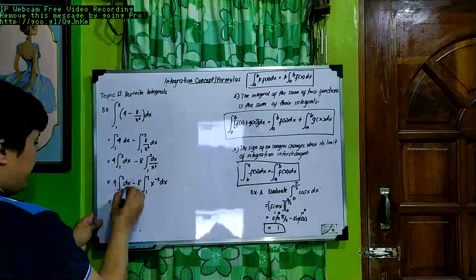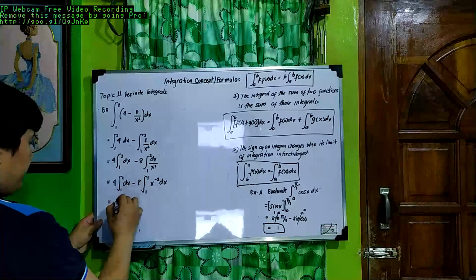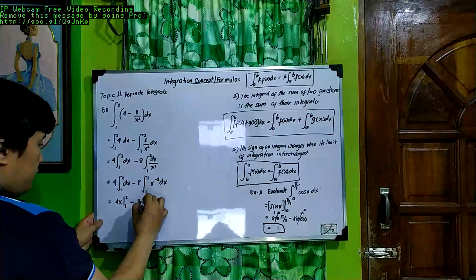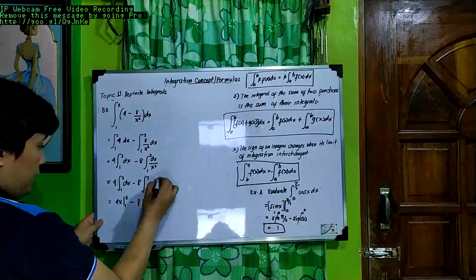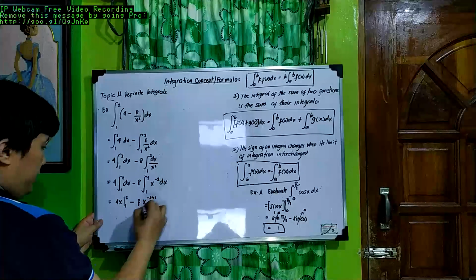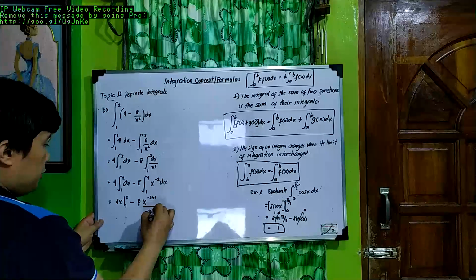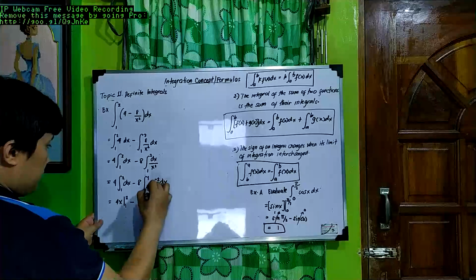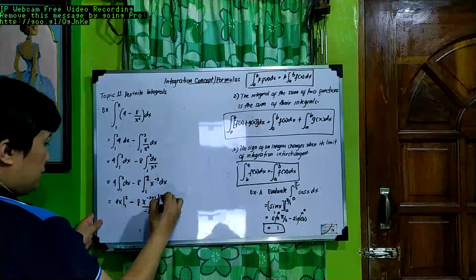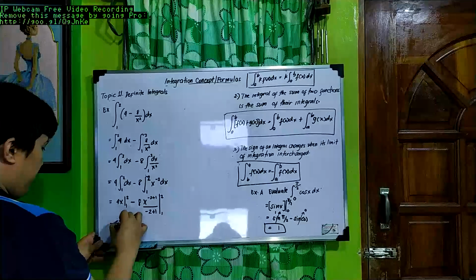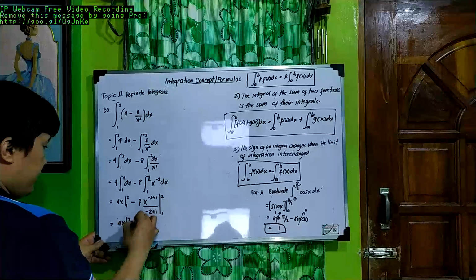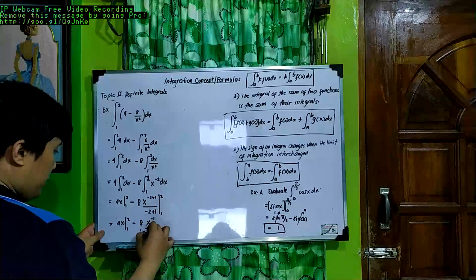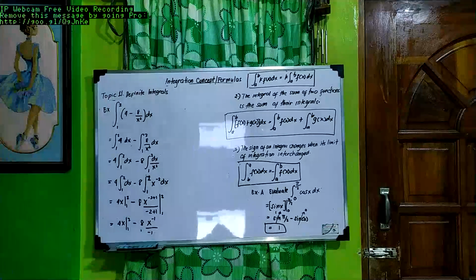So you have the integral of this. The integral of dx is x, 4x with limits from 1 to 2, minus 8 times x to the power negative 2 plus 1 over negative 2 plus 1, right, with limits from 1 to 2. So you have 4x, limits from 1 to 2, minus 8x negative 1 over negative 1.